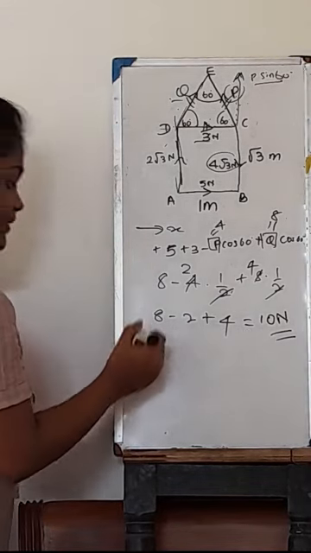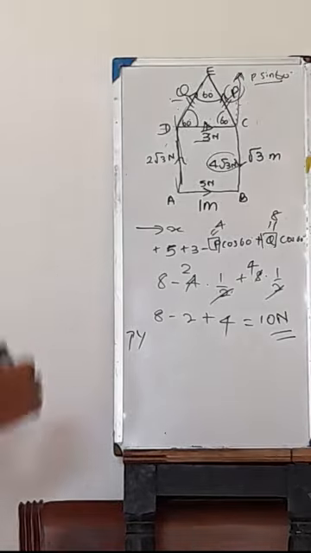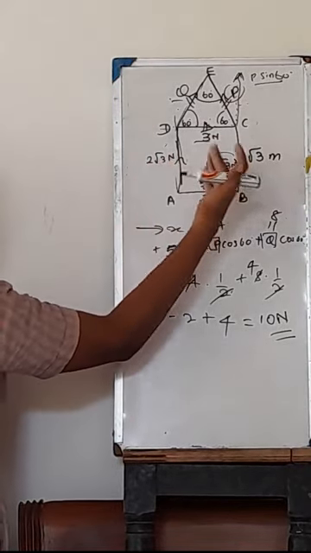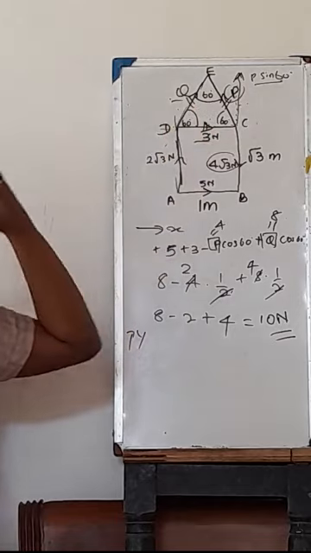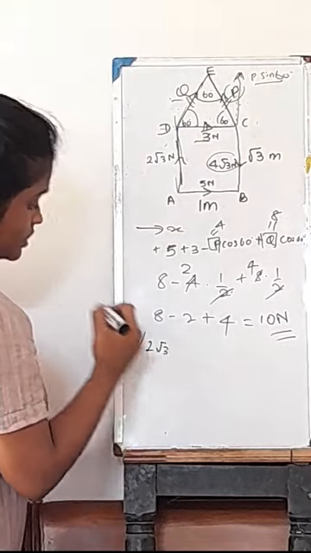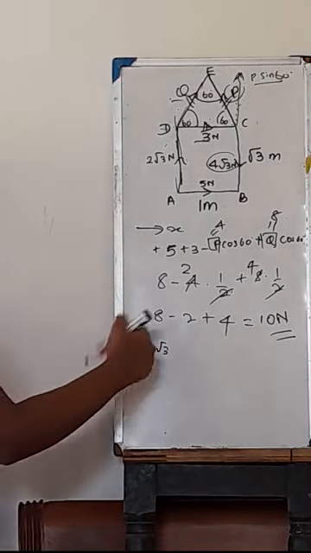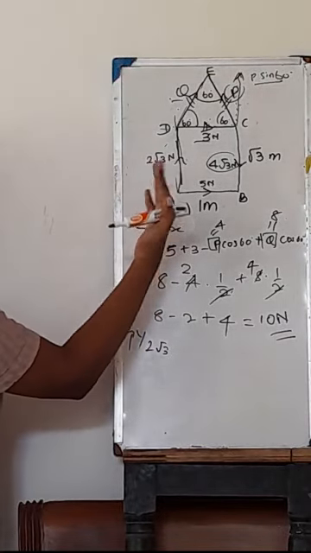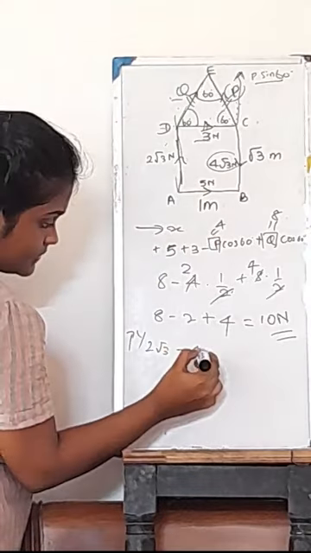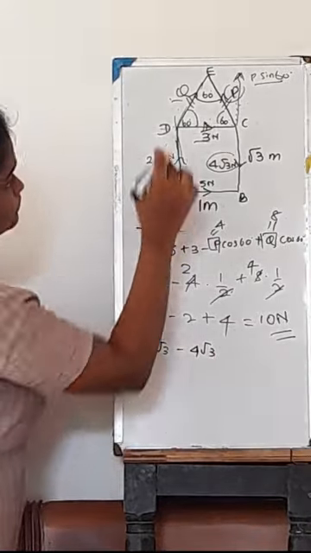Then we can find the y component. We can take this Newton, and these two. So we can take 2 root 3 Newtons, but it should be plus now. Why? Direction was changed, it was reversed. And this it's the same thing, so it's minus 4 root 3.